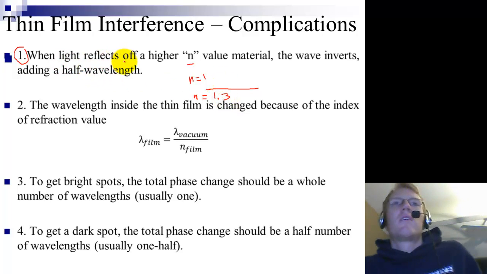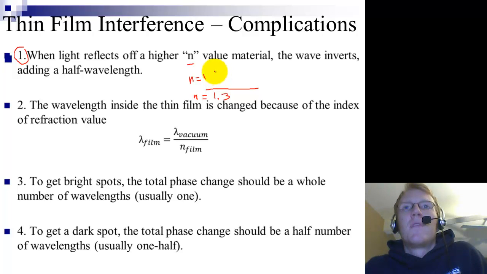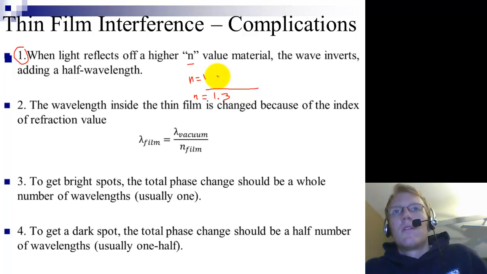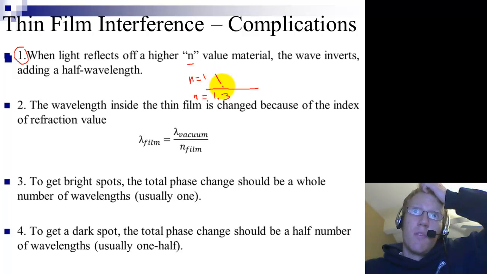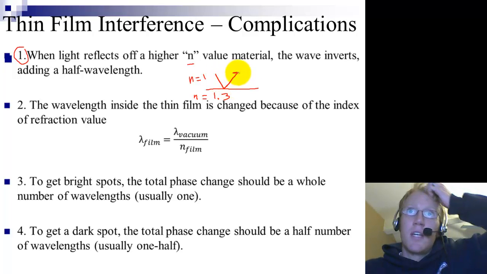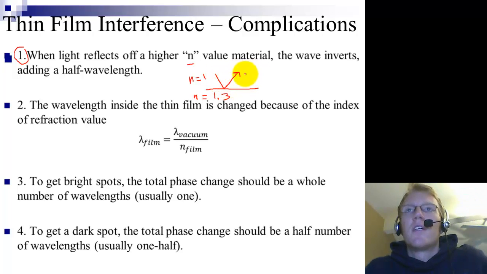When light reflects off of a higher n value, it inverts. So if you have a wave that bounces in and then bounces out, this wave right here, it adds 1/2 of whatever the wavelength was.